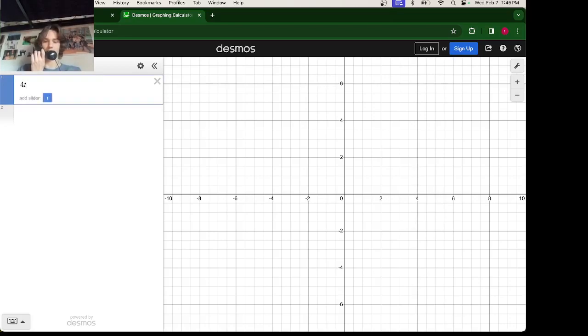So 4t minus 10 over, oh, I need to set f of x. And then the bottom is t squared minus 2t minus 15. Should have been f of t, my bad.